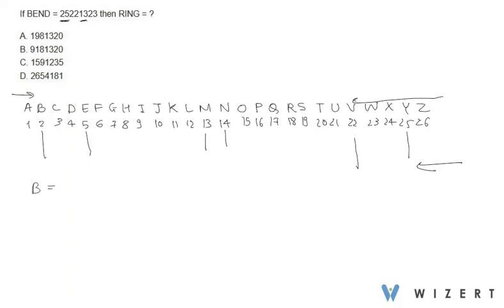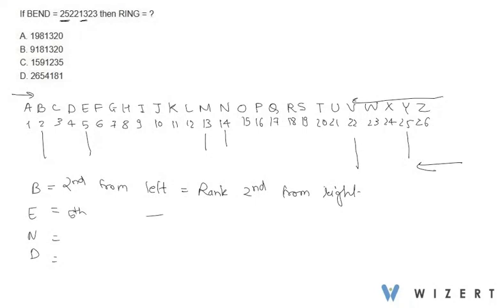B, second from left, is given the rank second from right. Similarly, E, fifth from left, is given fifth from right.